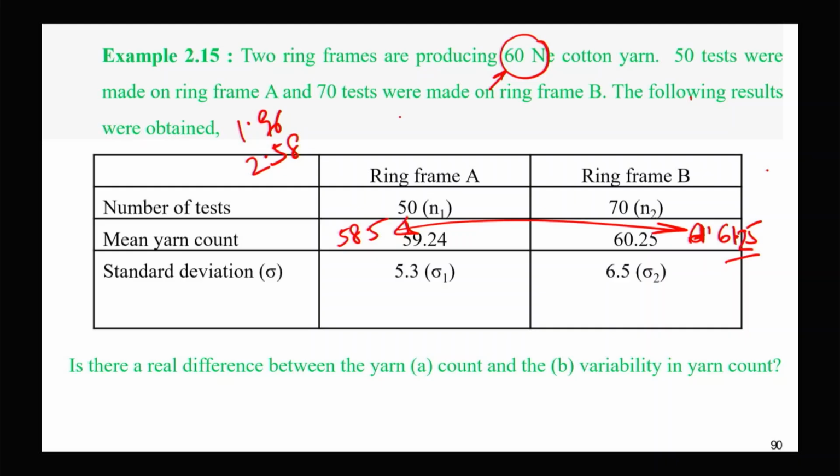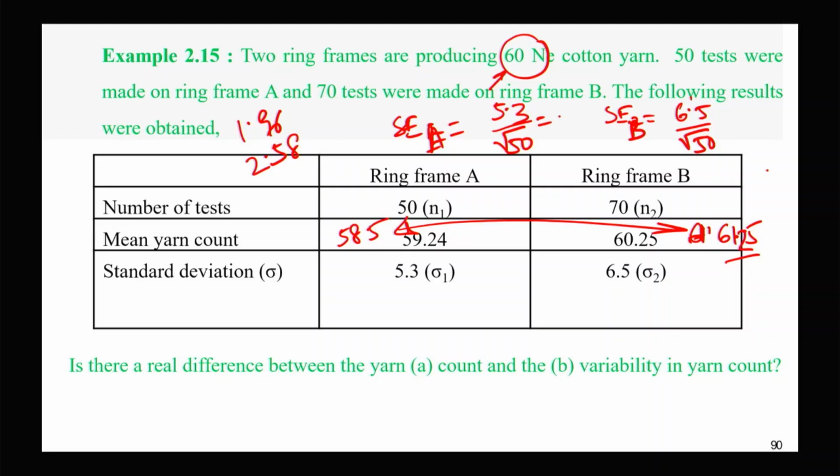So what is standard error 1? It will be 5.3 divided by under root 50, and for the standard error of A and B, 6.5 divided by under root 50.